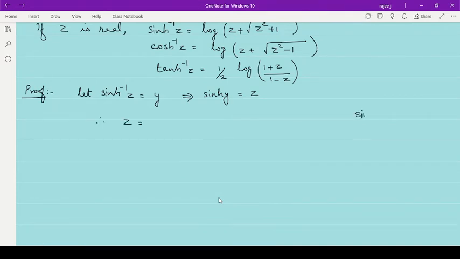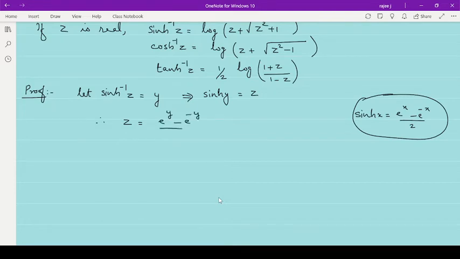We know sinh x is equal to e raised to x minus e raised to minus x divided by 2. This is the formula of sinh, so that only we will use here. So z is e raised to y minus e raised to minus y divided by 2. Now again we will be using that quadratic form.